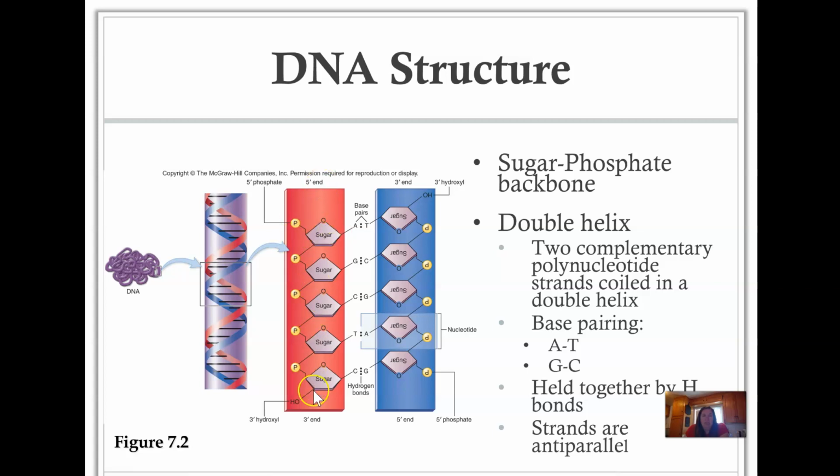So the directionality in DNA means we refer to one end as the 3' end. I usually call it the 3' sugar because it ends with sugar. Some people refer to it as a 3' hydroxyl. Both are fine. And on the other end, we have a 5' phosphate. So instead of saying bottom and top, what we really should do is say this is the 3' end and this is the 5' end.